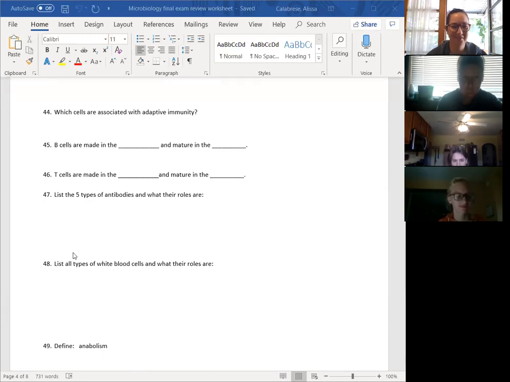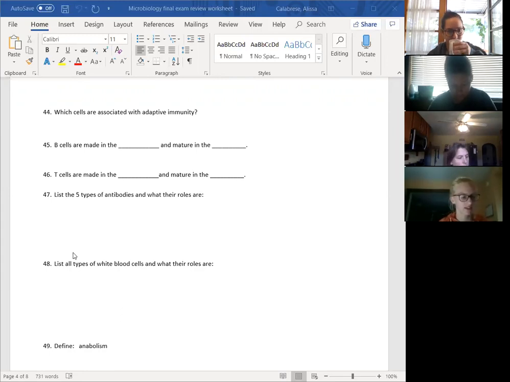All right, so the IgG, what's IgG all about? That antibody is produced second and is capable of binding complement, and can cross the placenta. Very good.